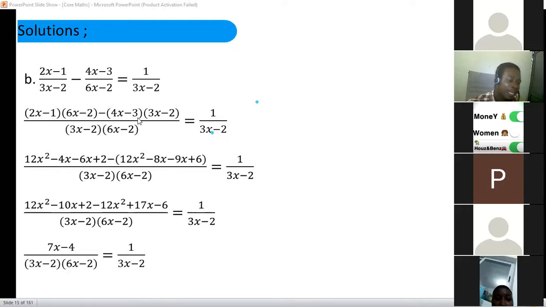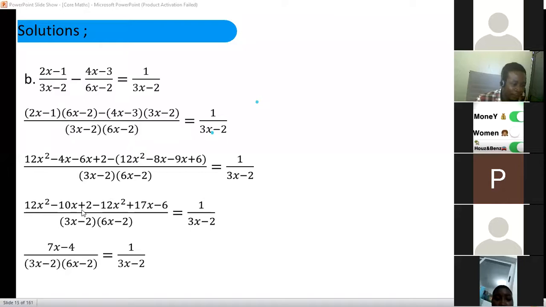Then minus 3 times minus 2 will give us positive 6. Bracket close, all over the denominator again, equals the right-hand side, the 1 over 3x minus 2.